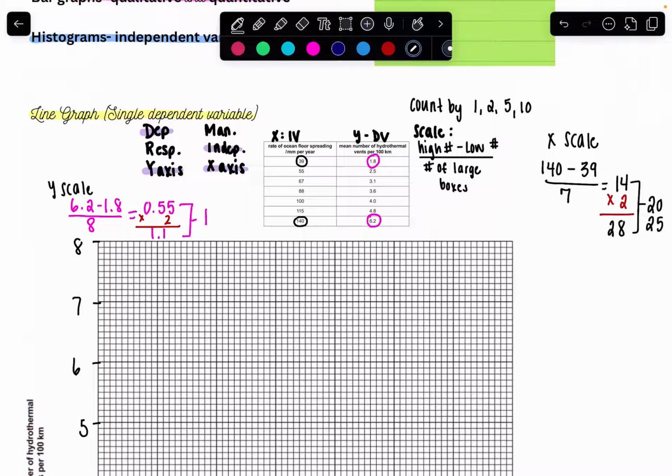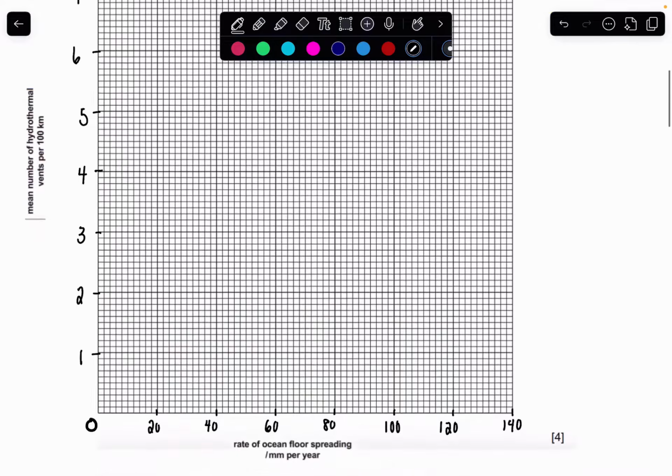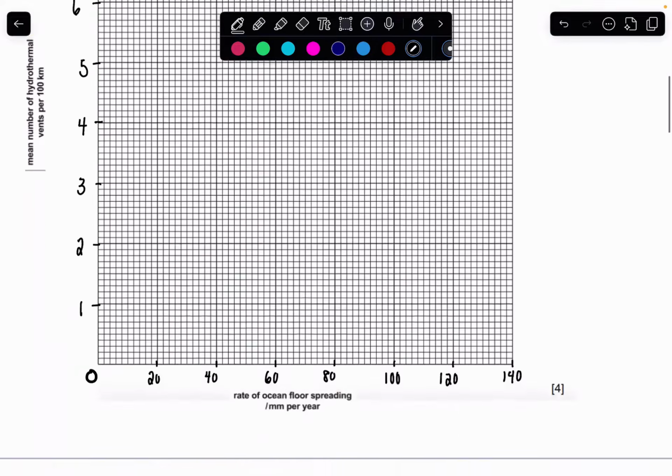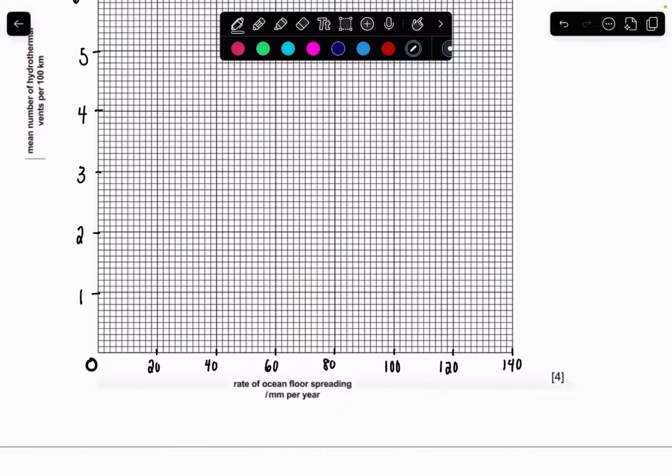Then you graph your points. When you graph your points, you're going to make sure that you either use a bullseye or an X. So let's go ahead and graph just a couple of points. The first one should be 39 to 1.8. Well, everybody knows on the left-hand side that we actually have half marks in between each of our numbers.